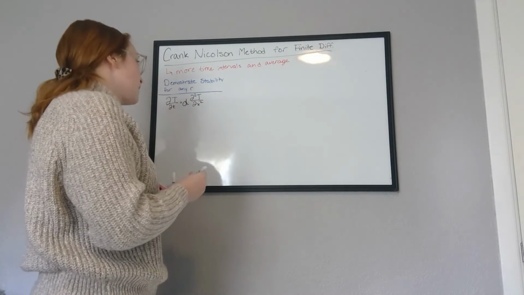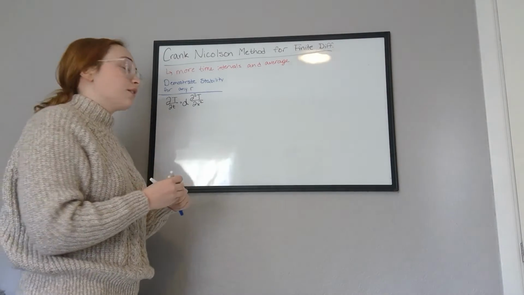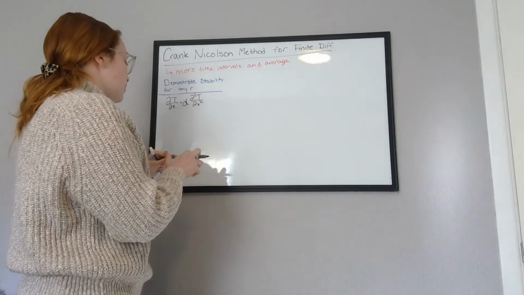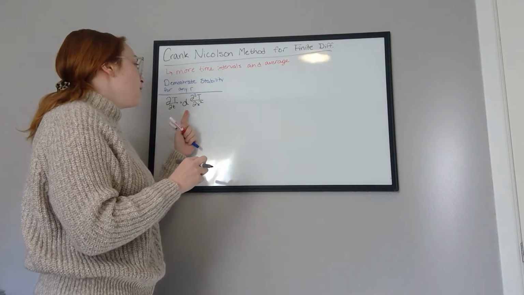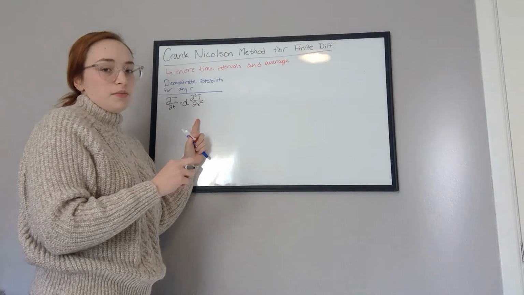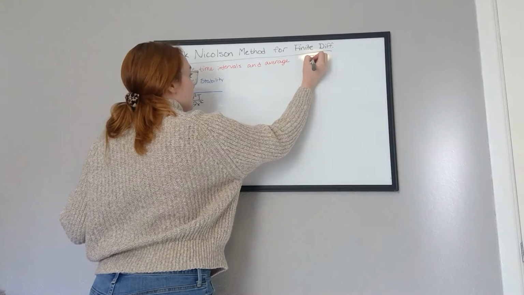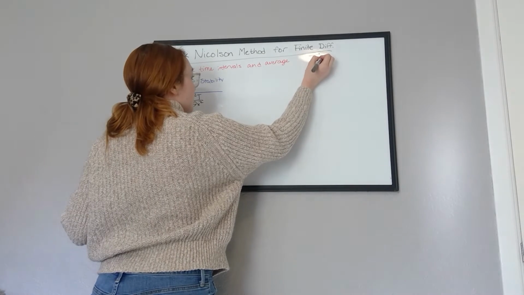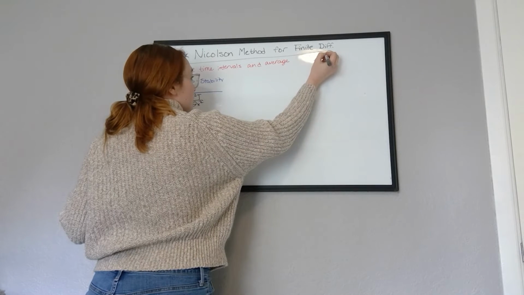To start, we have our equation that we have seen multiple times at this point: the change in temperature over the change in time equals the heat diffusivity constant times the second change in temperature with respect to position. So we have the same notation of T_j^n with position and time intervals.